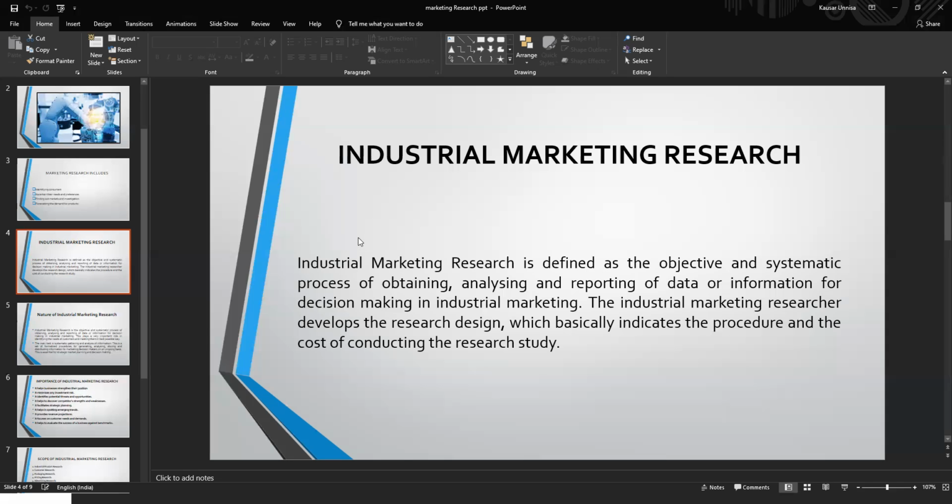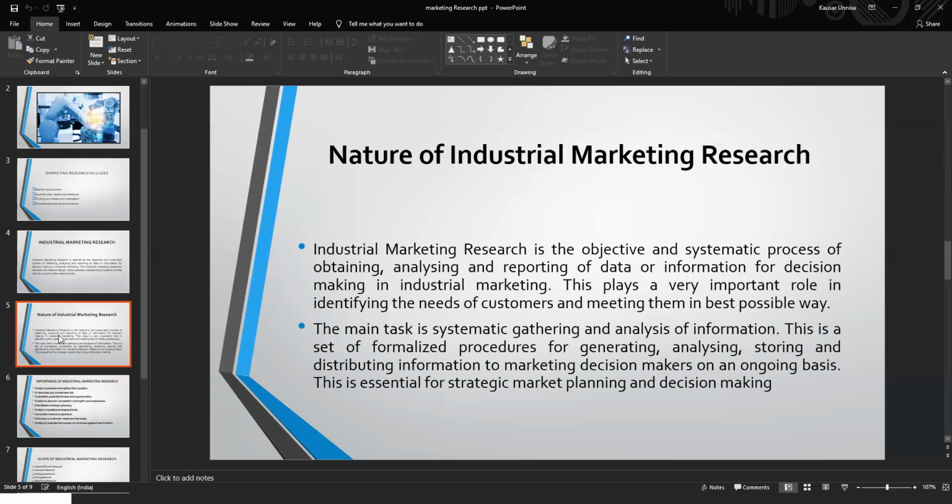We'll see the nature of industrial marketing research. It is a systematic gathering and analysis of information. It is about formalizing the procedures for generating, analyzing, storing, and distributing information regarding the markets.